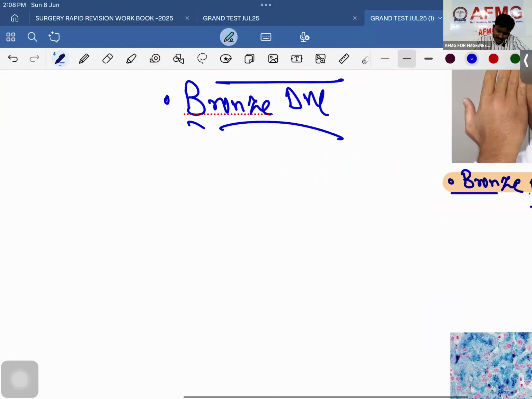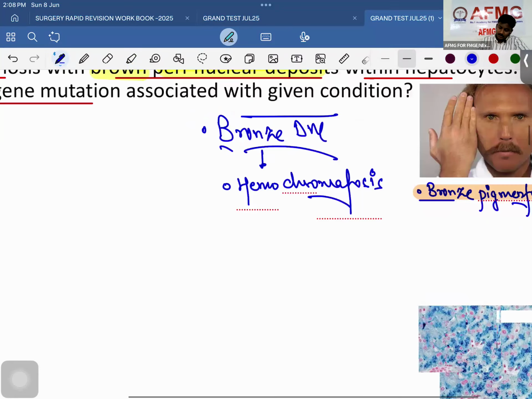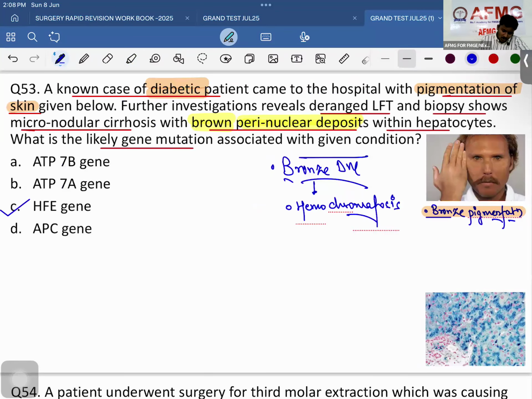So bronze diabetes is a feature of which condition? Hemochromatosis. And we know that hemochromatosis occurs due to which gene mutation? Option C, the HFE gene mutation, is responsible for causing hemosiderosis or hemochromatosis.